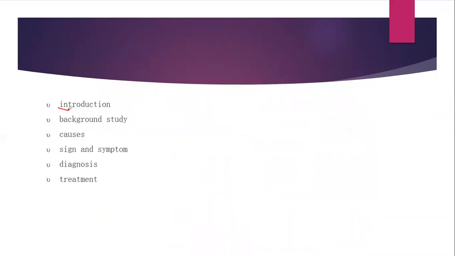As I have first of all discussed, the introduction of thrombopoiesis or the normal hematopoiesis process, on the basis of which the different blood cells are prepared, and then the background studies of thrombopoiesis, and then I will discuss the causes of thrombocytopenias.